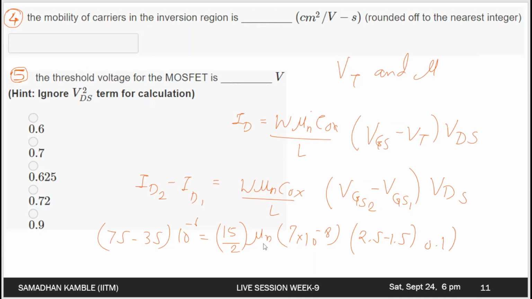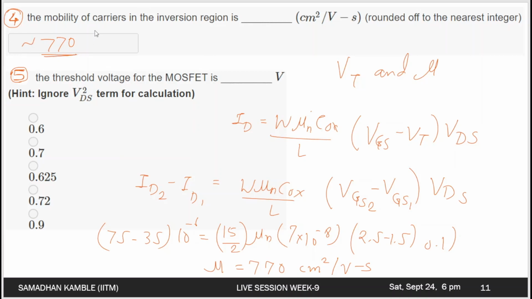If you solve for mobility mu n, you get the value of mobility as around 770 centimeters squared per volt second. So mu n is around 770.